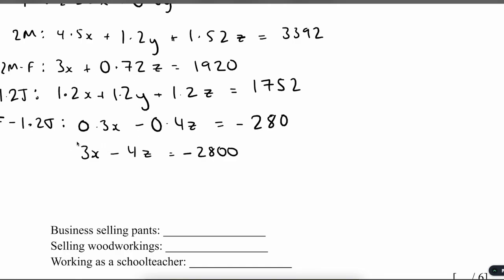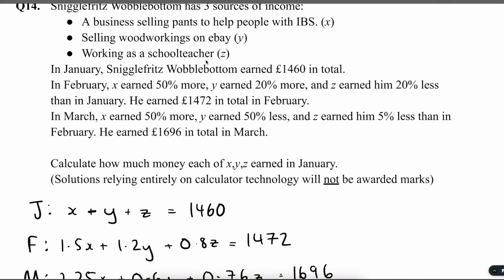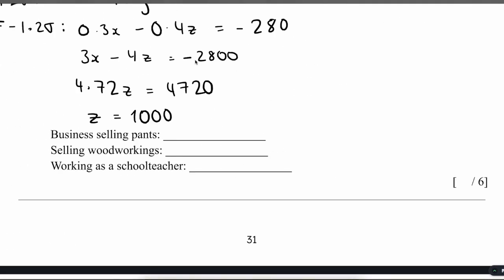Now we're going to subtract, because there's 3x and we can cancel the x's, so we're going to subtract this one from this one, and we get 4.72z equals, and then subtract that using your calculator is 4,720. Now you don't even need your calculator to see that that means z is 1,000. So that's our first value found. Z was his business working as a school teacher, so that's 1,000.